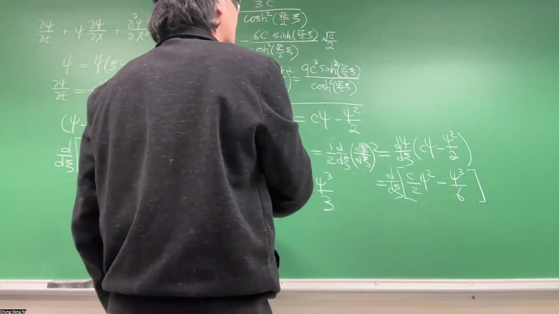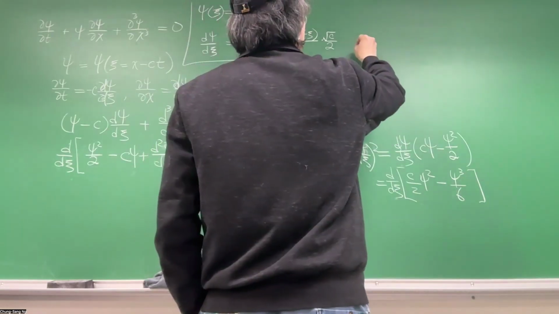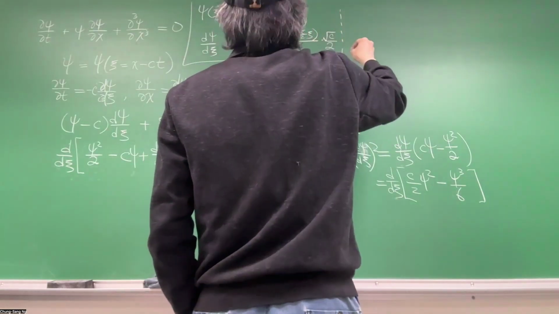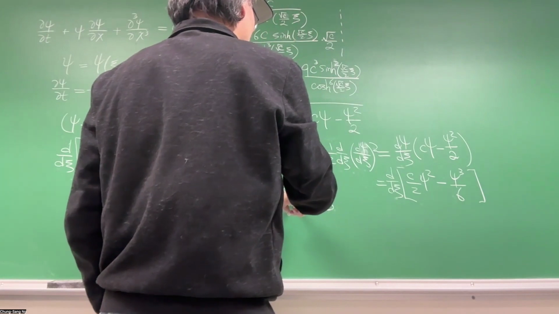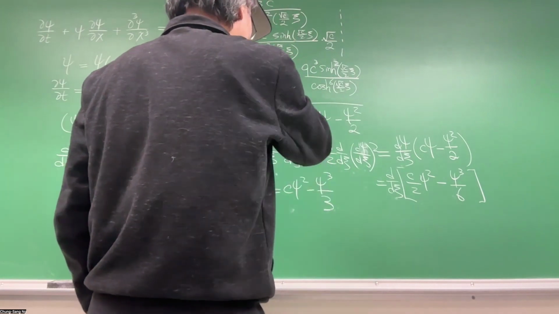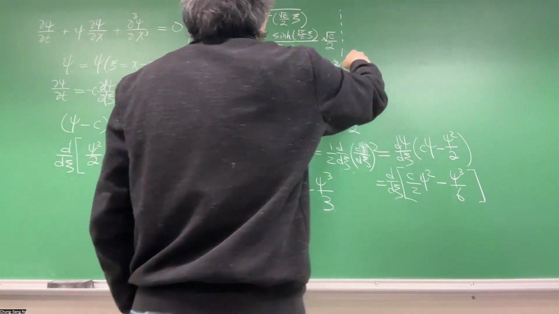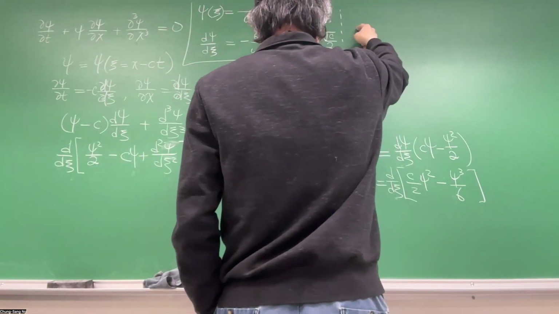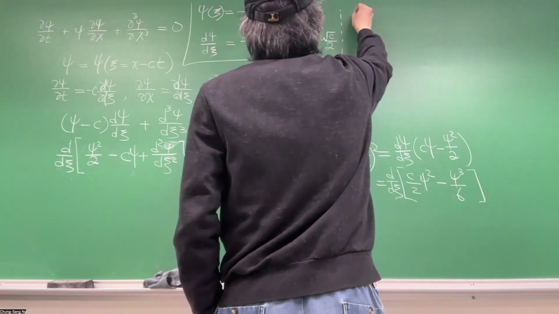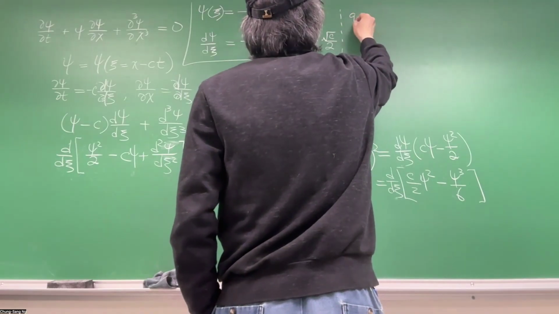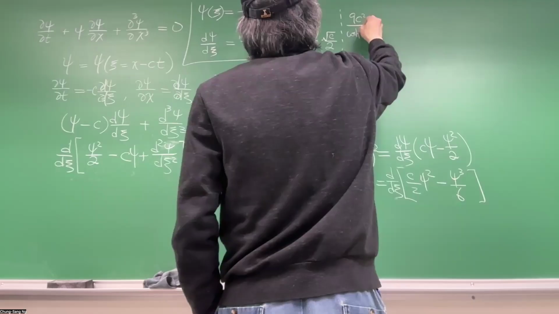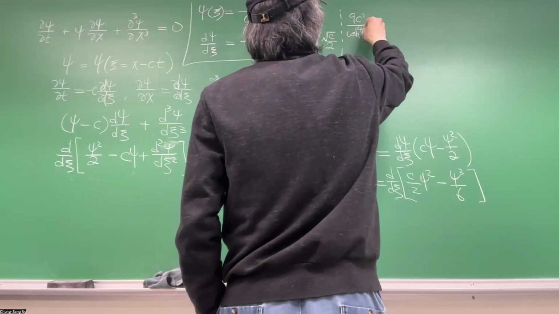So that's the left-hand side, and the right-hand side is c psi squared minus psi cubed over 3. I mean, we can pull our psi square out first. Psi square is 9c squared cosh to the 4th power.